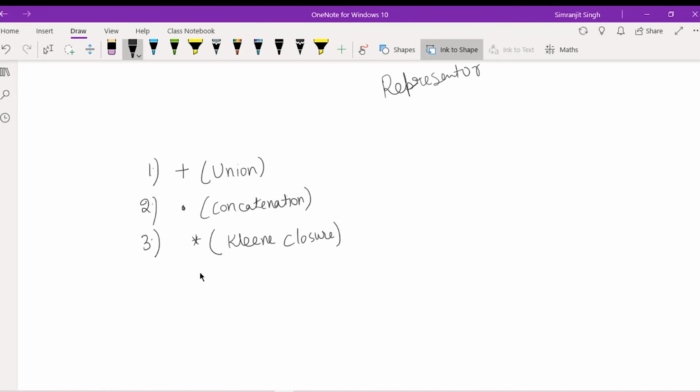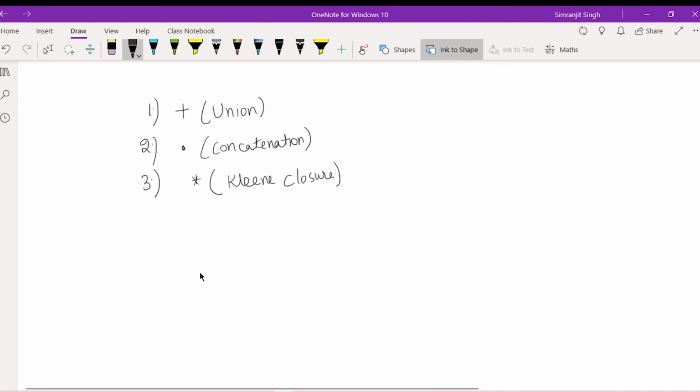Now, the foundational regular expressions that I have already mentioned are phi, epsilon, and some input. I say that A belongs to the input alphabet, so every input symbol can be defined as a regular expression.